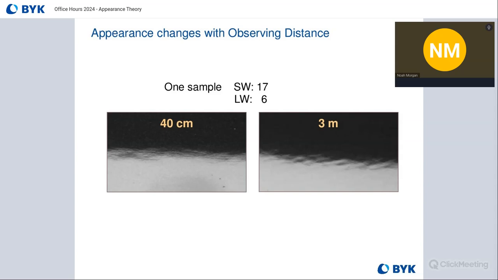This is important because when we zoom out and look at samples or objects from these further distances, we can't see shortwave anymore. The same is true if we're looking for long wave at closer distances. We can't see the long wave. So these are just visual effects to be aware of when looking for these appearances.